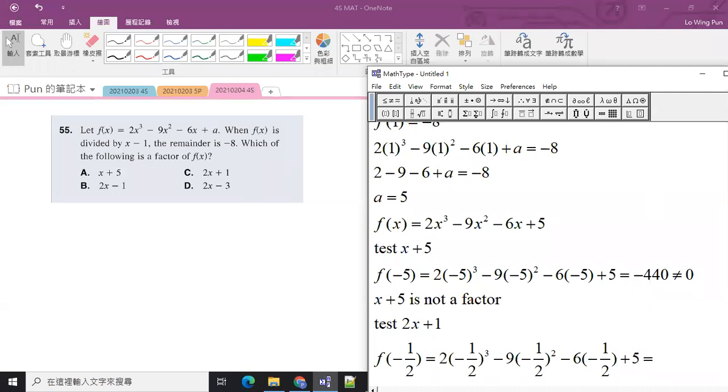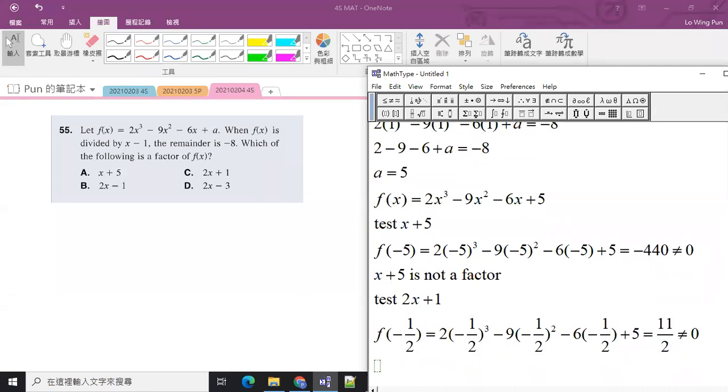It is not equal to 0, and so 2x plus 1 is not a factor.